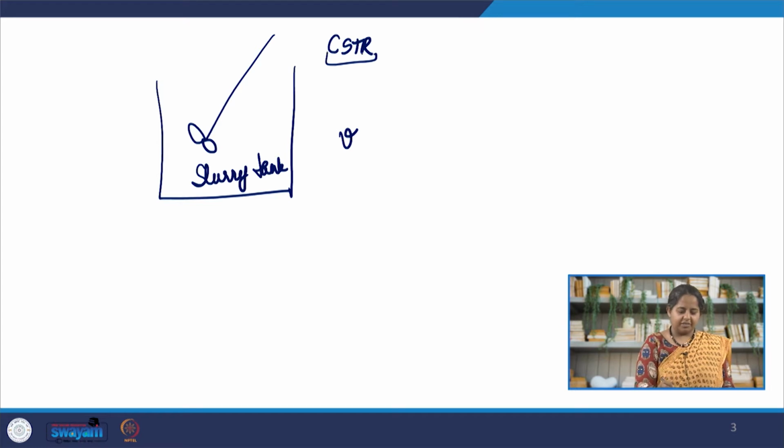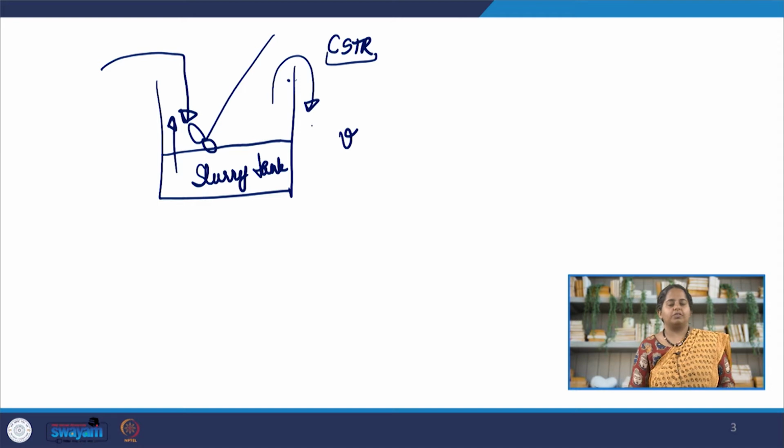There is a slight difference, and the difference is that there is a phase in which the slurry tank is filled, so the effective volume of the slurry increases during that phase, and then after it reaches a particular volume or after a particular time, the slurry water is removed from the slurry tank.